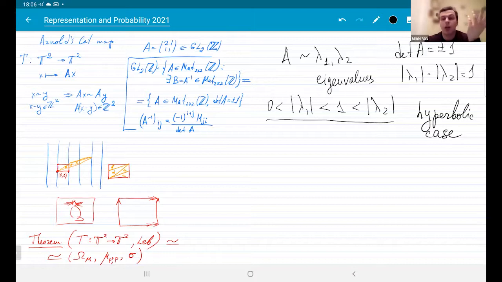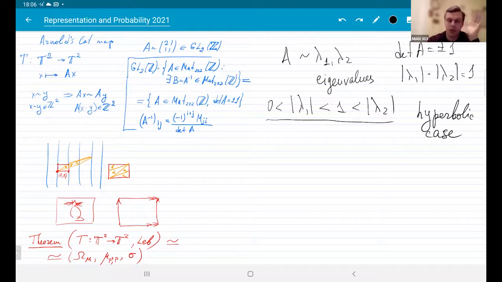In fact, if you consider the action of this linear map on the plane, we have quite simple dynamics. Let us assume for simplicity that both lambda1 and lambda2 are positive.